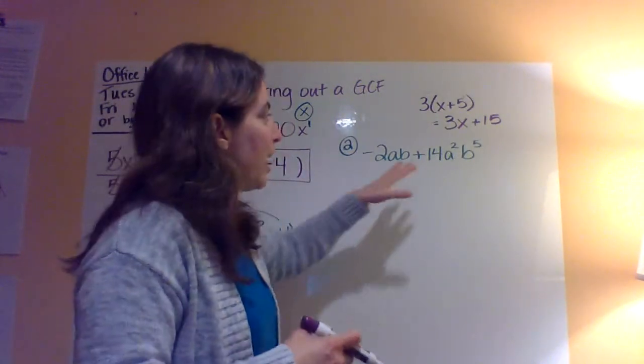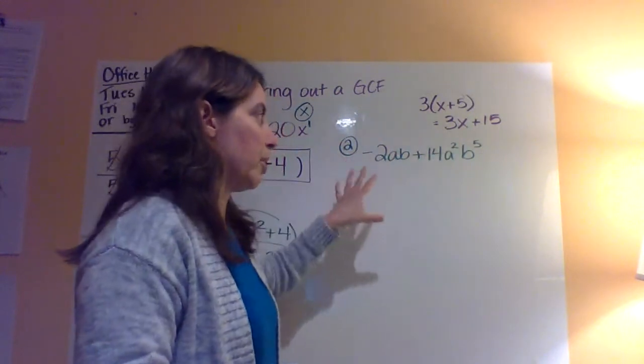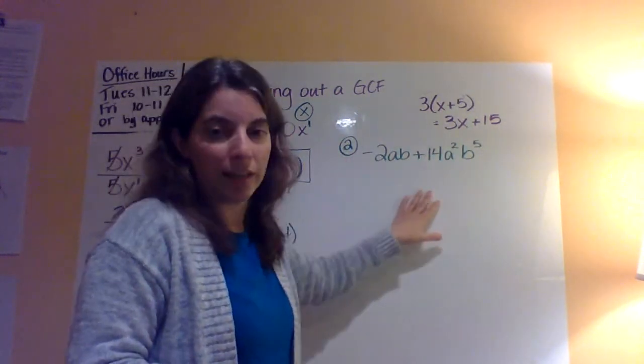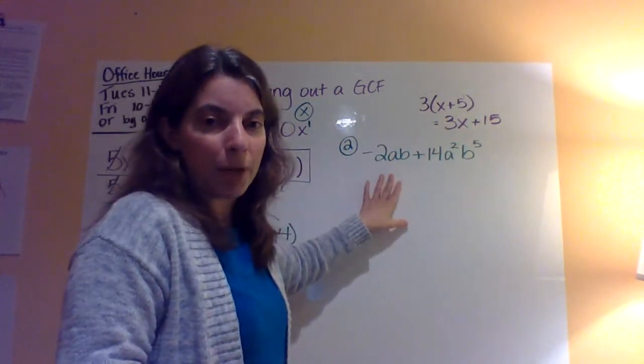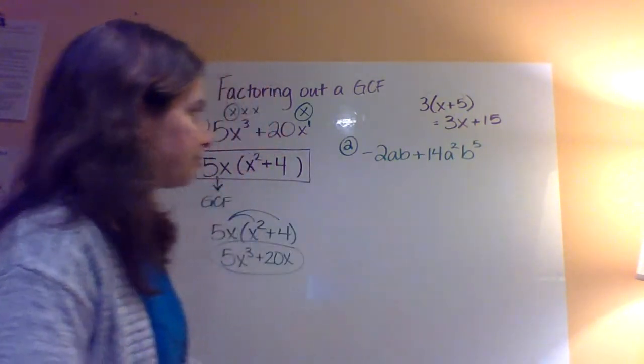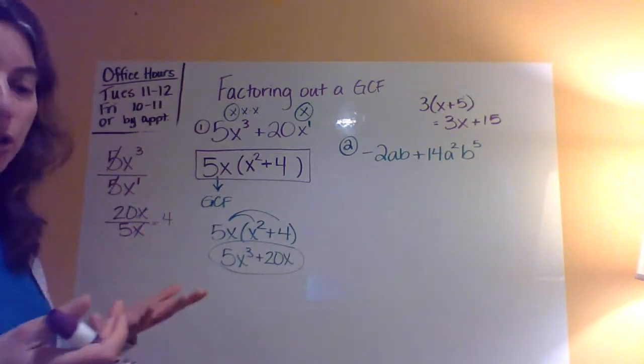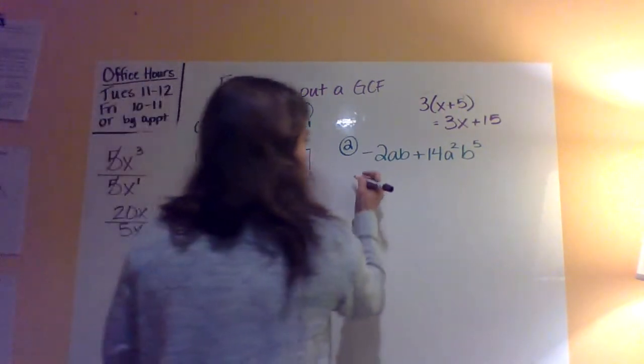Okay. Now, in this case, sometimes you can switch them around to have the bigger exponents in the front, but right now we'll just leave it like this, and we'll say we're going to pull out a negative GCF because this number is negative. So if we look at the numbers, what can come out of both of those is 2. So we're going to pull it out as a negative 2.